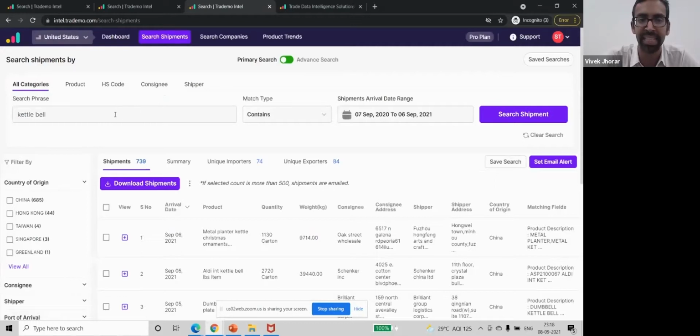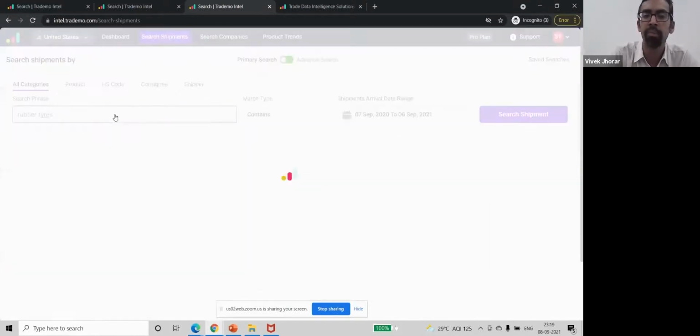So let me just see. Suppose you are looking at a supplier who is supplying rubber tires, and you want to see their creditworthiness.